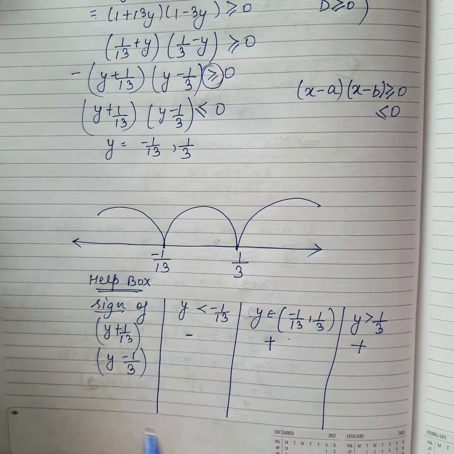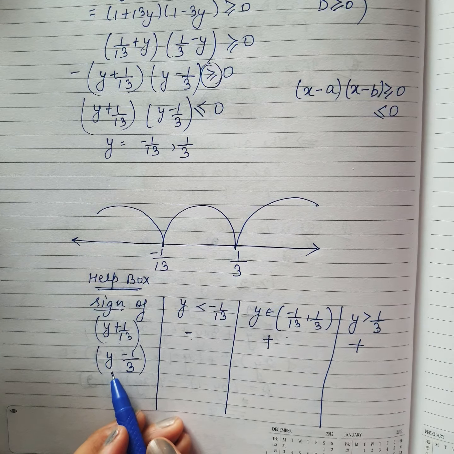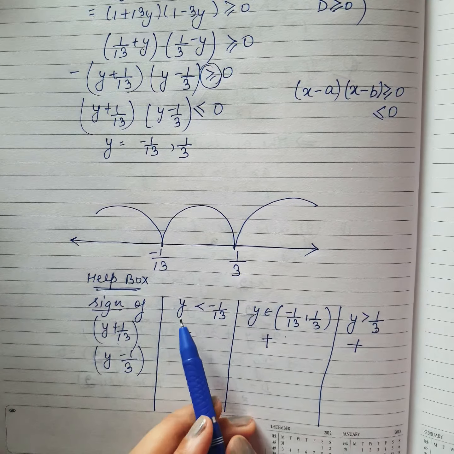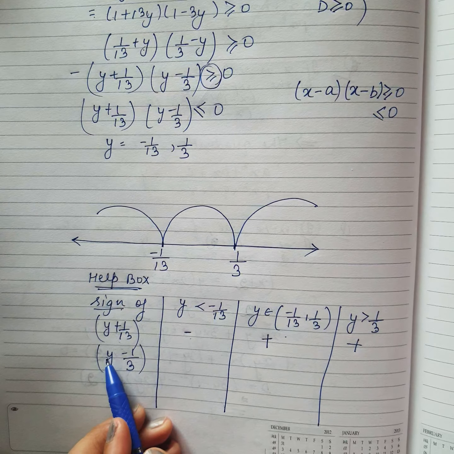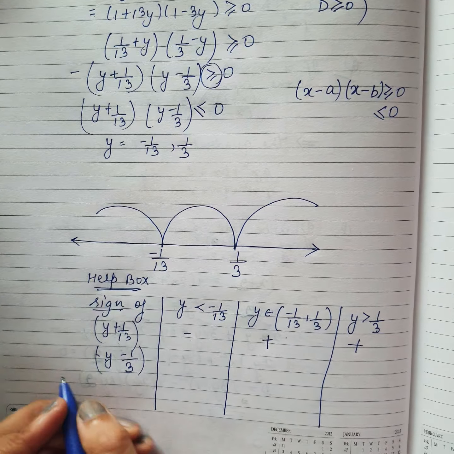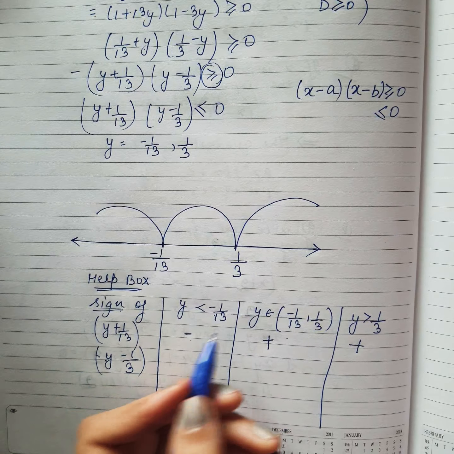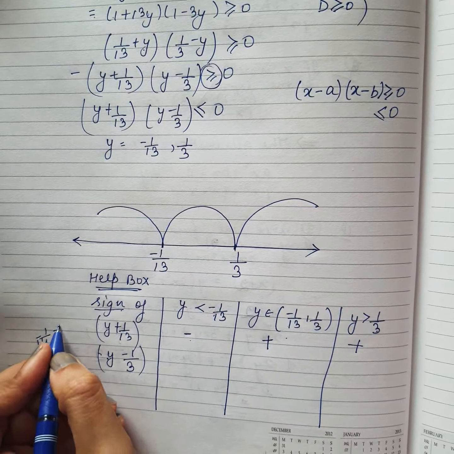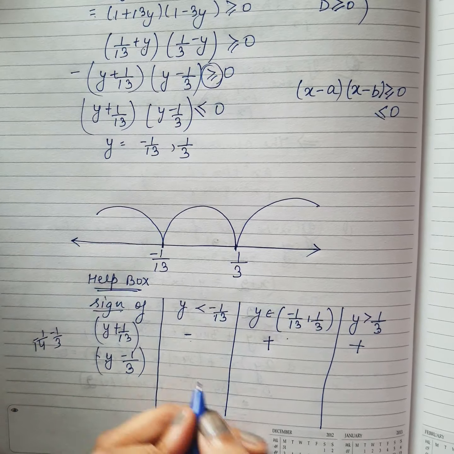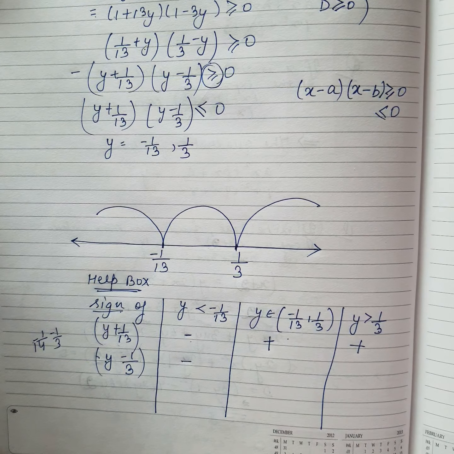Now let's check the sign here. We do not have to write the values, only the sign. When y is less than this value, the sign here will be minus. Suppose if I take minus 1 by 14, it will be minus 1 by 14 minus 1 by 3, and negative 2 added will be negative.